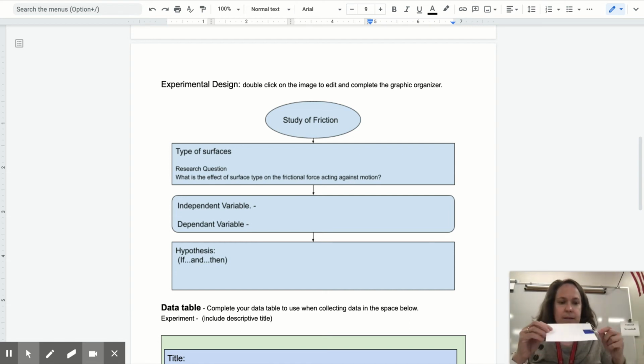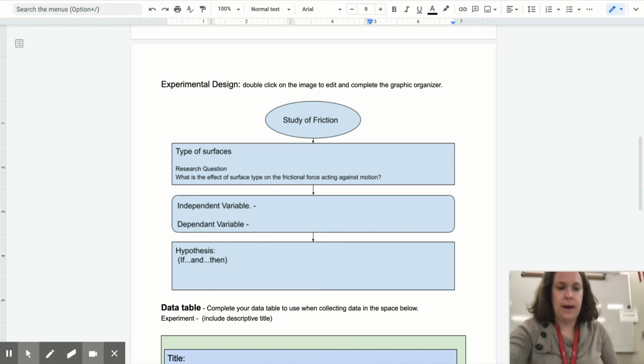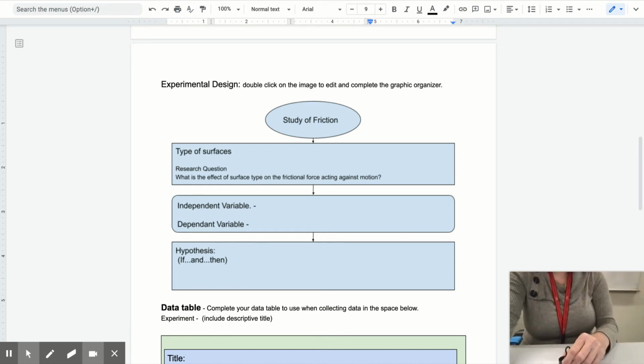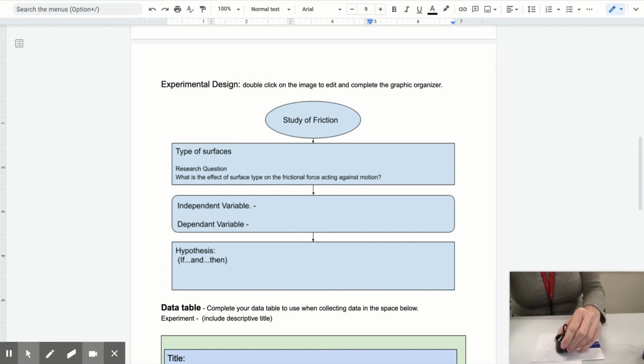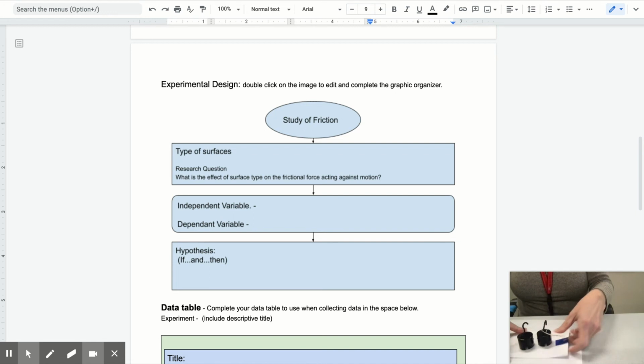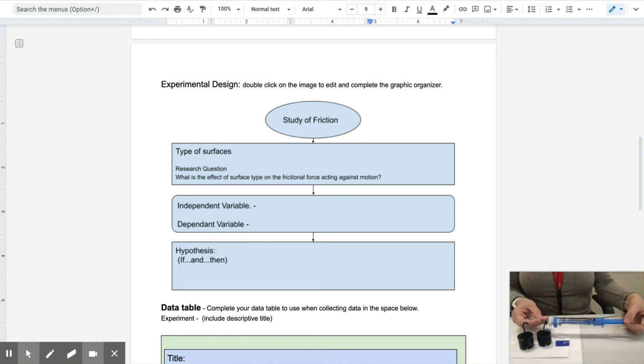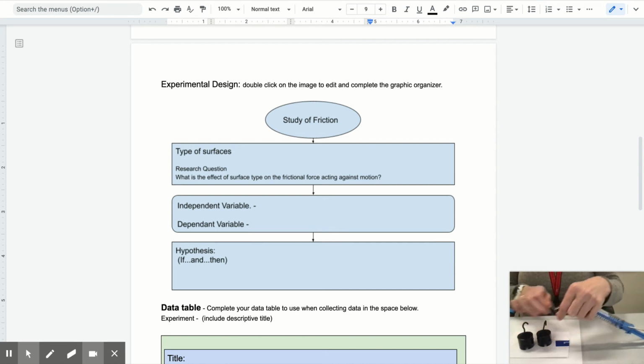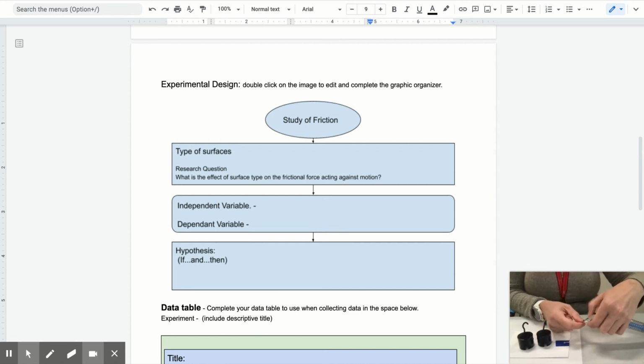We have a paper sled that we'll put flat on the surface, and some masses right here that will go on top of the sled, like so. And I'm going to use this spring scale to measure the amount of force that it takes to pull the sled and get it moving at a constant speed, like this.